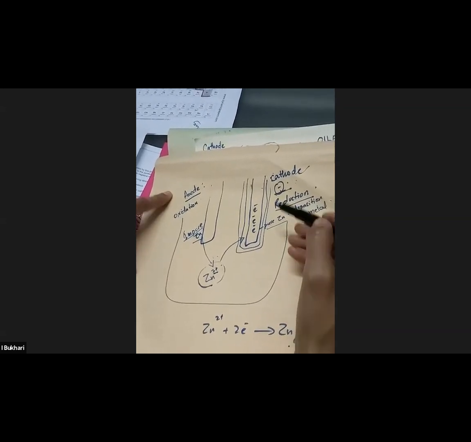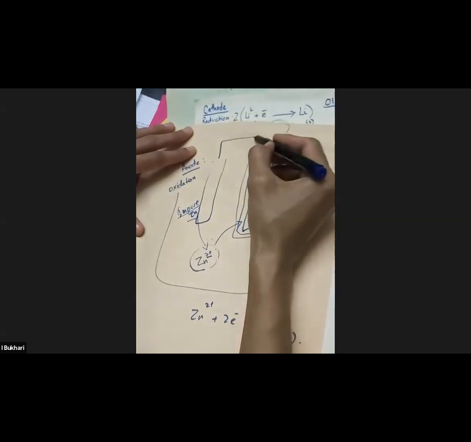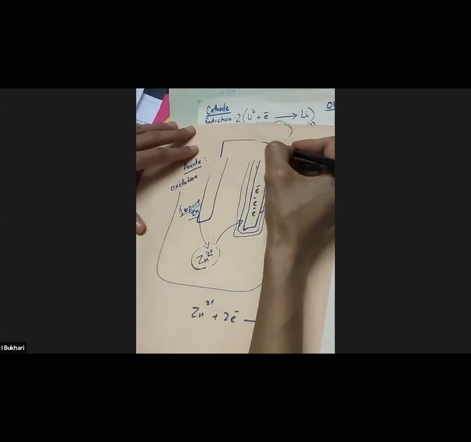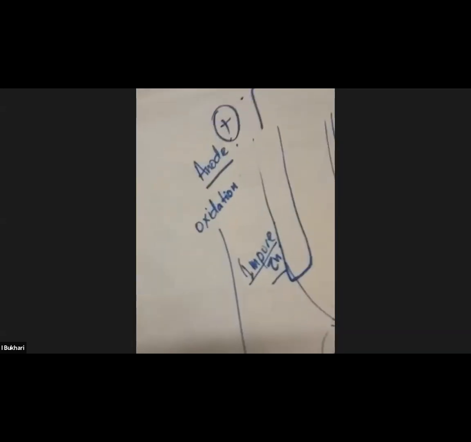Did you guys understand? The same was happening in purification of copper, if you remember. This is negatively charged, this is positively charged. Did you understand? Metal will come at the cathode.